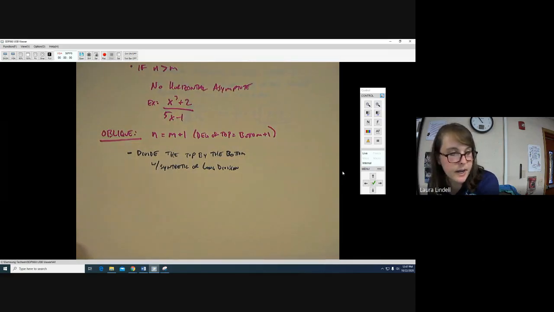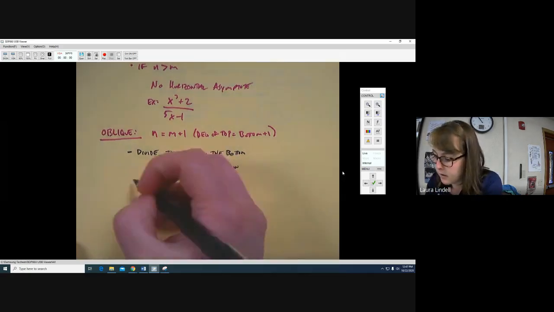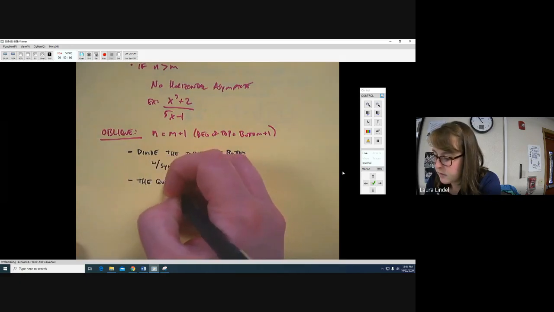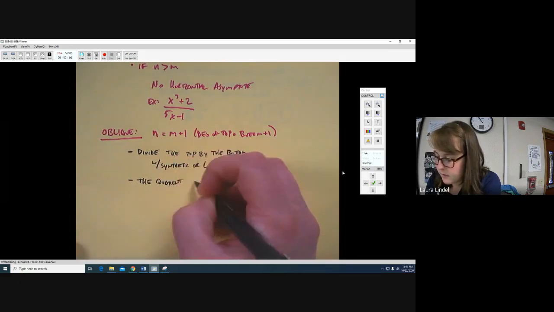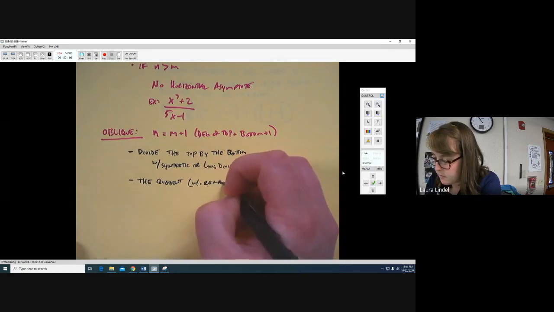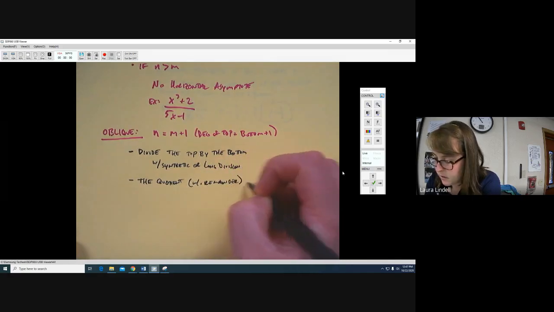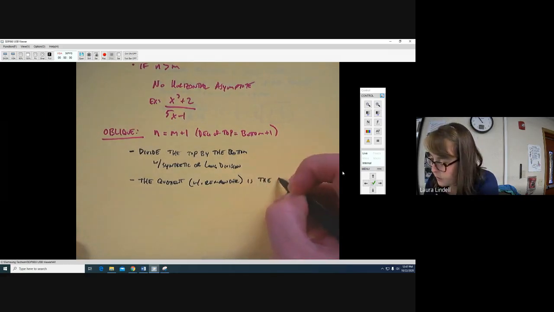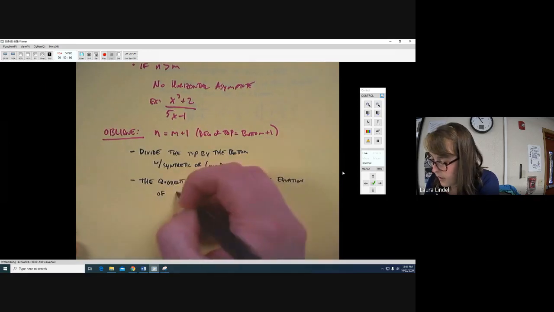And then what you get, the quotient, is your asymptote equation. It's the quotient without the remainder. That will be the equation of the asymptote.